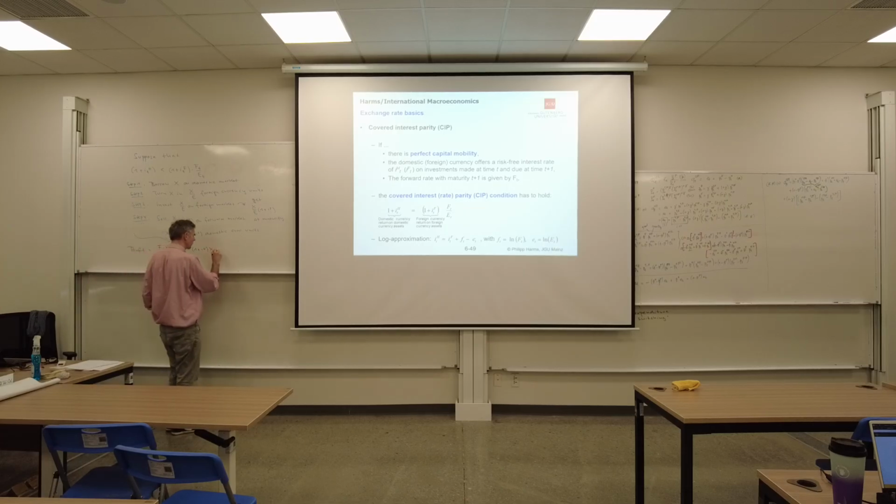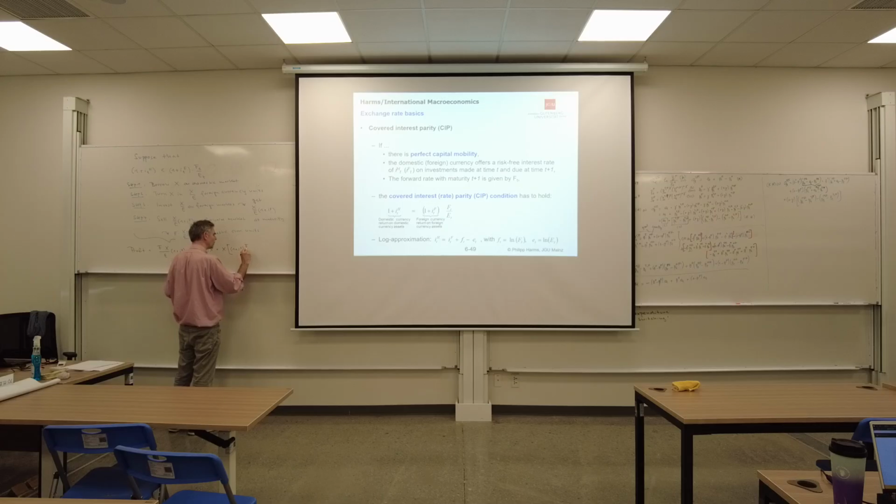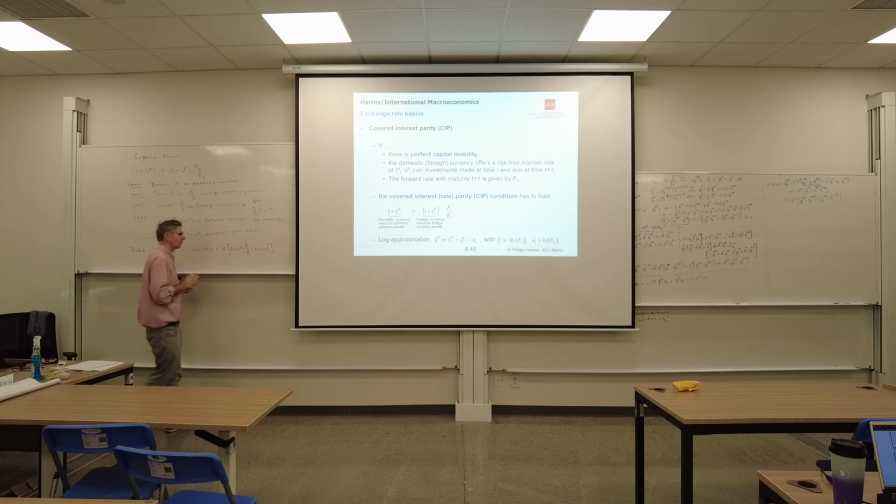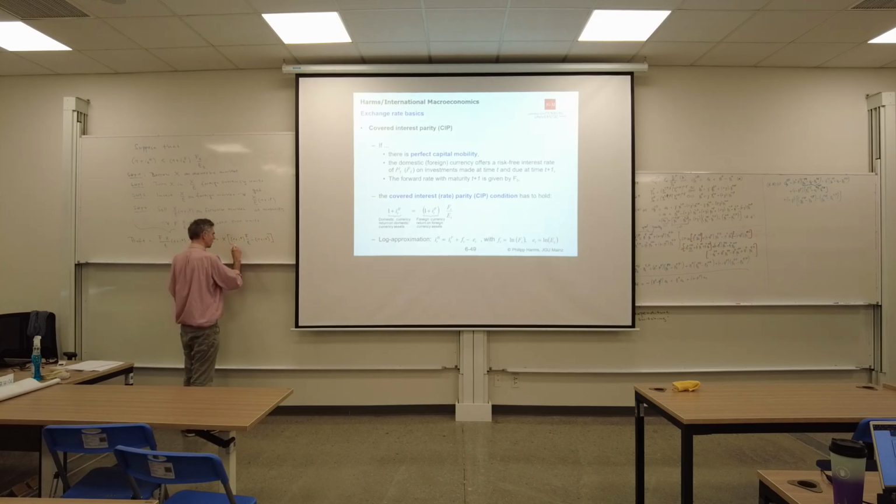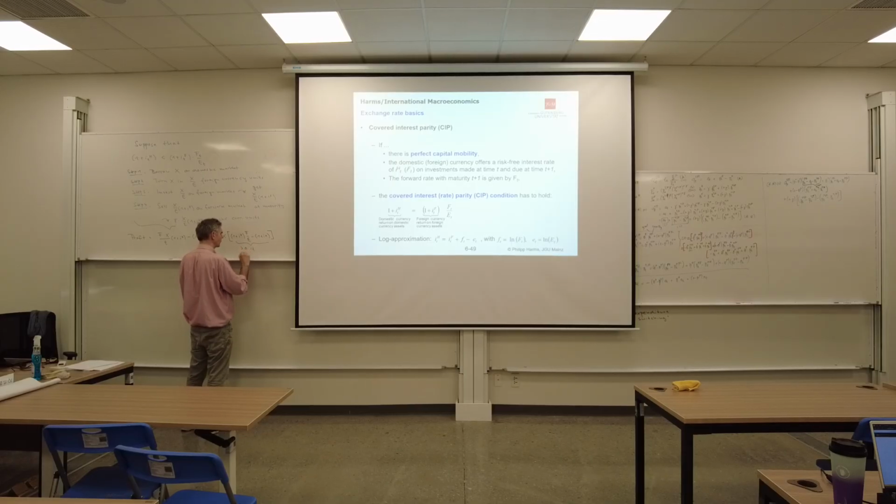And that in turn gives you X times [(1 plus i_F) F over E minus (1 plus i_H)], and this is greater than 0 if 1 plus i_H is smaller than 1 plus i_F times F over E.